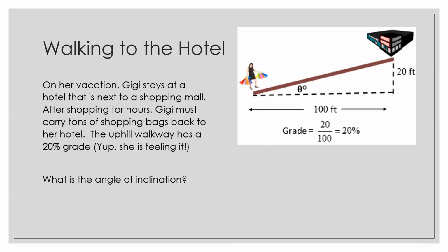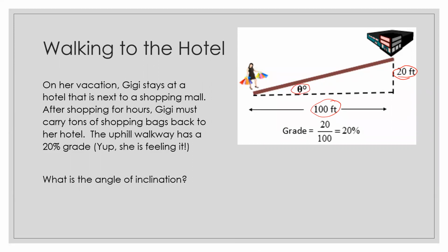Now let's see what it means to have a 20% grade. A 20% grade is a slope of 20 over 100. So that's 20 right here over 100. It's like the slope of the line there. Now we're looking for this angle right here, angle theta.